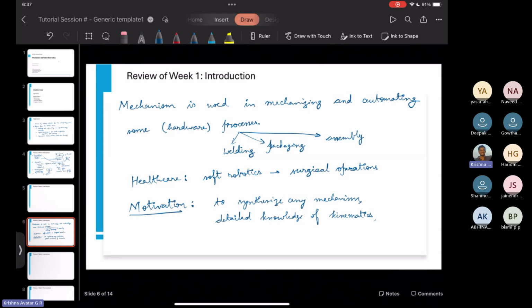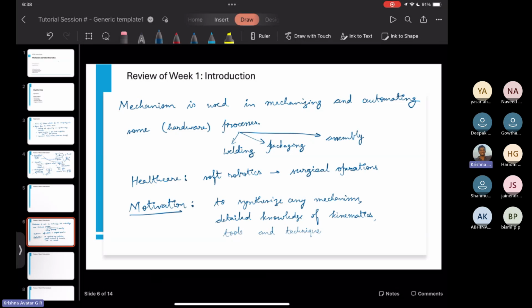We want to have all those tools and techniques beforehand, so that prior to design itself, prior to manufacturing itself, we can have the idea. Or even after we have manufactured, we would like to know why something failed. It is very indispensable to have such knowledge.